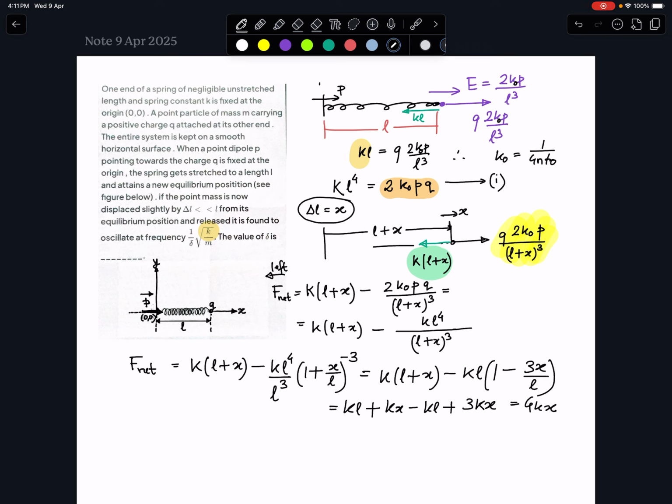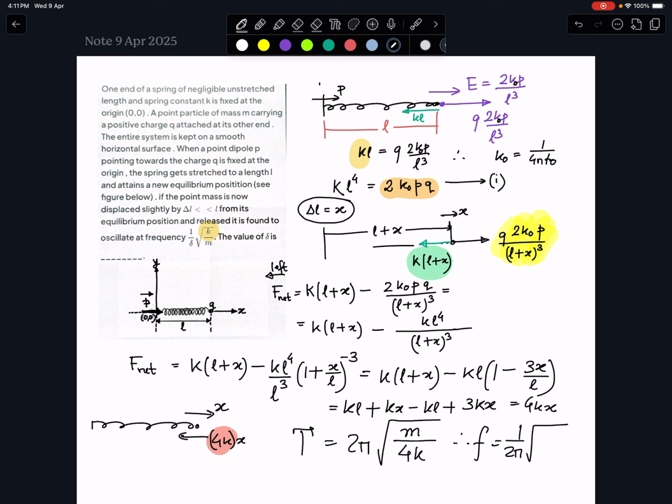That means, when you move it by x, the force is 4kx. The constant of proportionality is 4k, and as you know the time period is 2 pi root of m by the proportionality constant 4k. Here you have to find frequency. So frequency is 1 by 2 pi root of 4k by m.